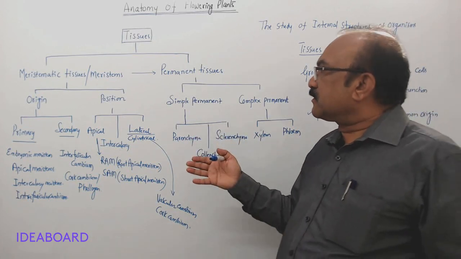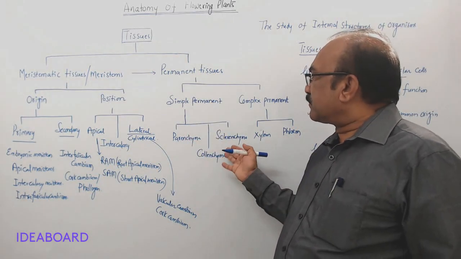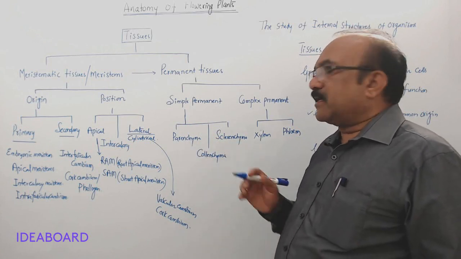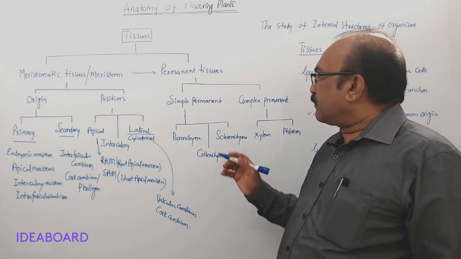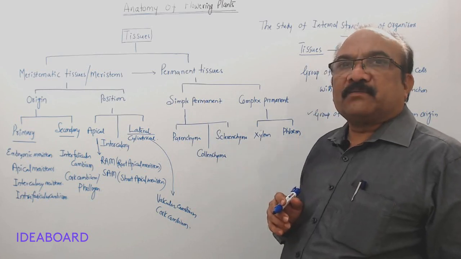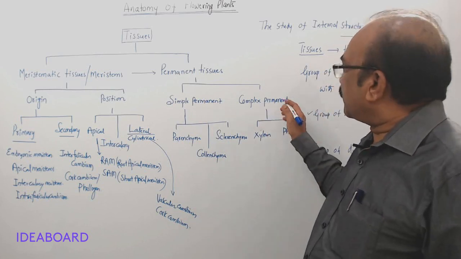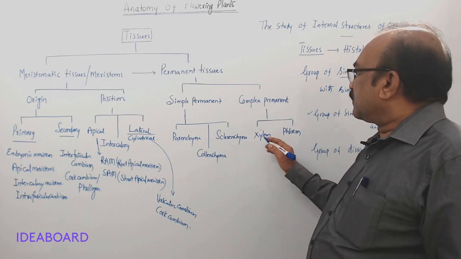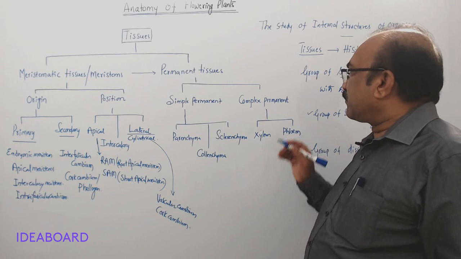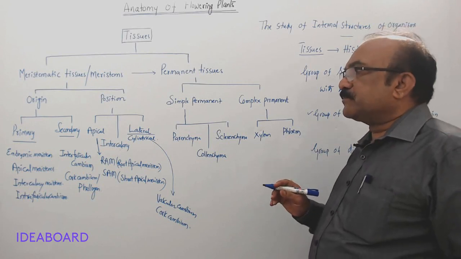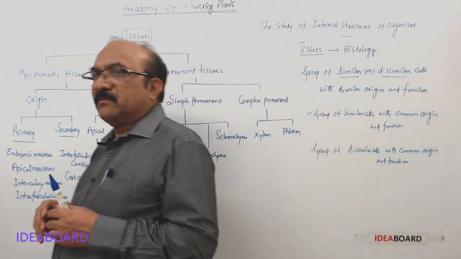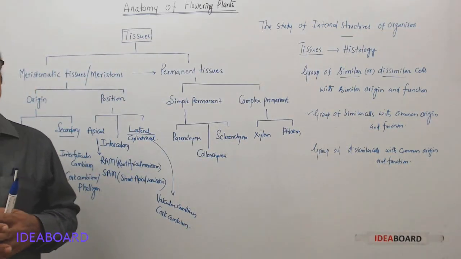And just remember, simple permanent tissues are of three types: parenchyma, collenchyma, sclerenchyma. And complex permanent tissues include xylem and phloem. So this is the flow chart, and you just memorize this flow chart.